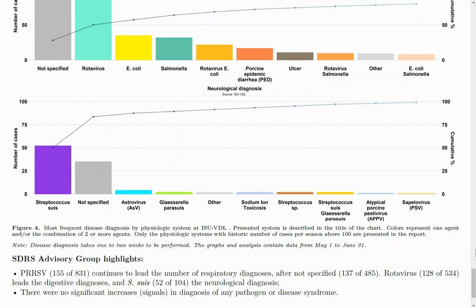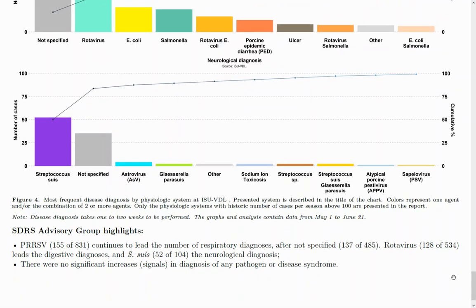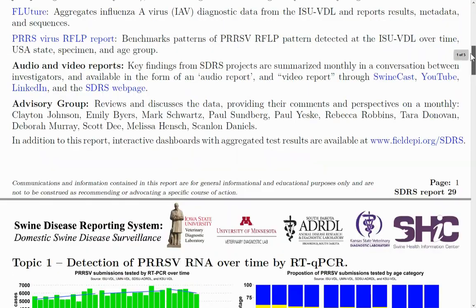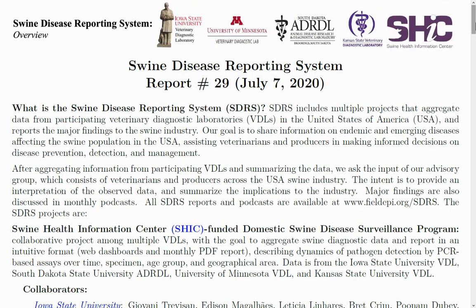The ability to monitor these veterinary diagnostic laboratory submissions information provides useful animal health data that is continually updated to the industry. This seems to be a unique project that uses VDL data and has the ability to be updated every single month.